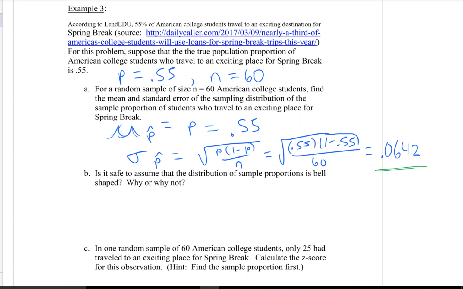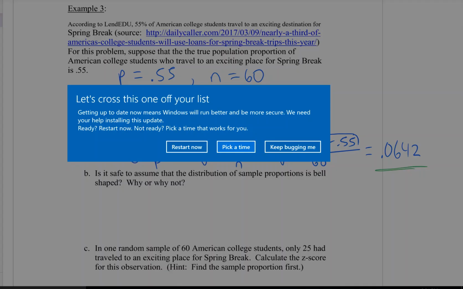That's the standard error of the sample proportion. So in other words, when we take one sample of 60 students, the proportion who've traveled to an exciting place will be different, most likely, than our next sample of 60 students. It's going to vary from one set of 60 students to another.